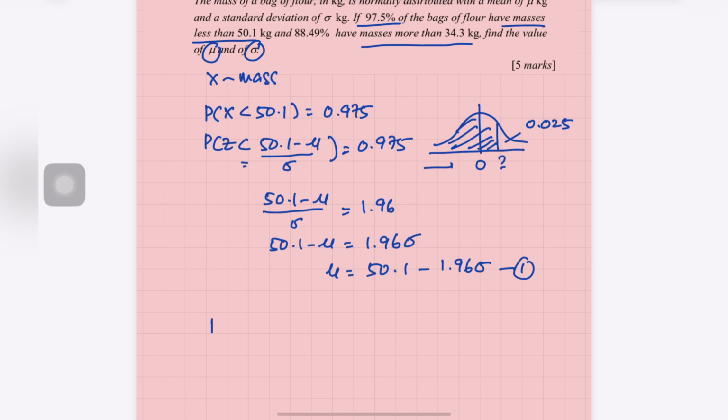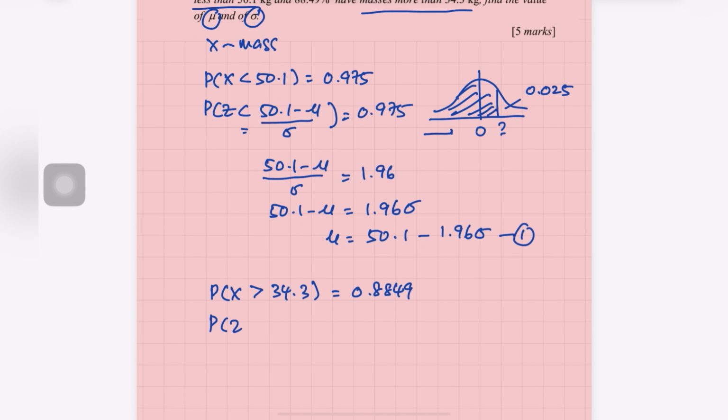So P(X more than 34.3) equals 0.8849. We standardise: Z equals 34.3 minus mean over standard deviation, equals 0.8849. Same as before, we draw the graph, but this one is more than, so measured from the right. It also overshoots.